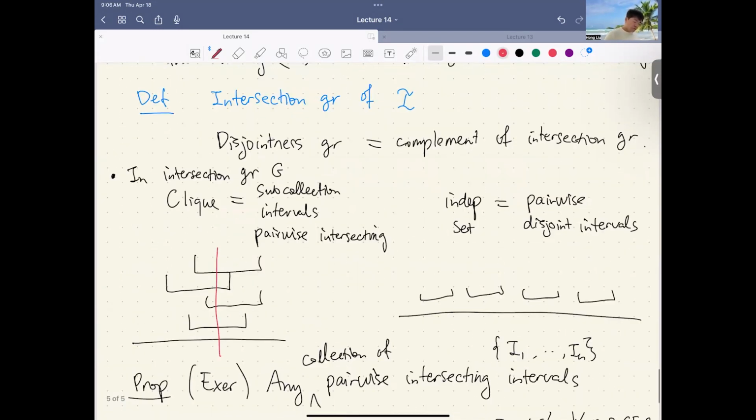Now we're going to prove a better Ramsey statement for the disjointness graph. Let's first warm up by trying to prove a weaker bound.